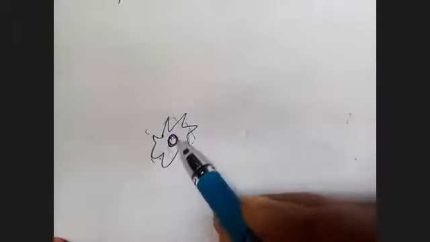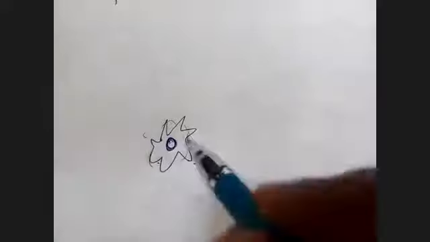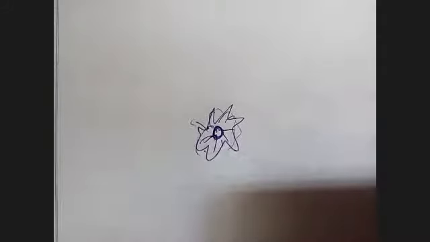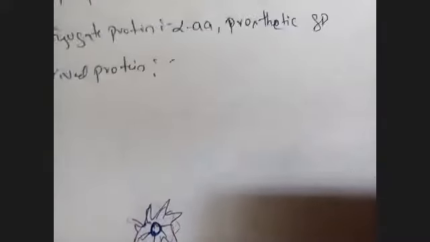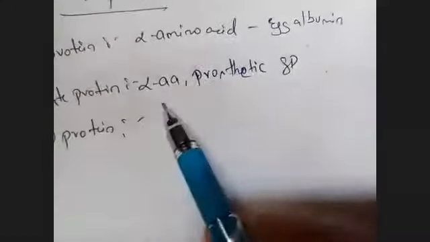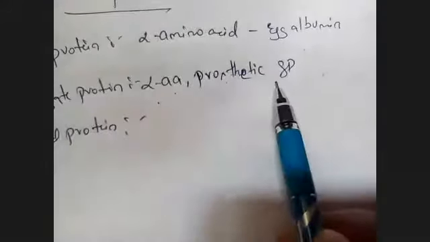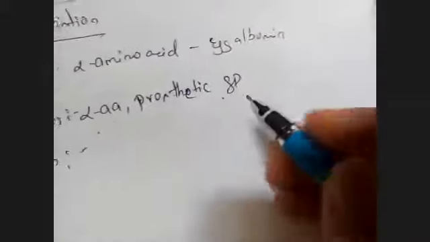In the middle you have a metal or an electronegative group that can hold the entire amino acid chain in a fine structure, that is called a prosthetic group. That group may be a metal, an electronegative component, or an electropositive component also. So along with your alpha amino acid, your prosthetic group is present. That is called conjugate protein.